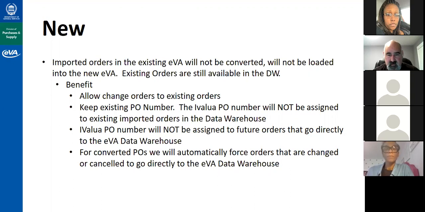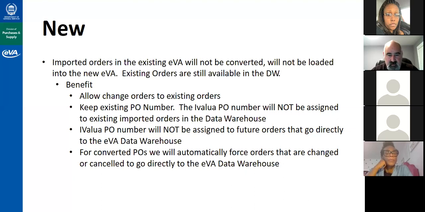Any questions about that? Okay. The benefit of them not being converted is that it will allow change orders to existing orders. Any existing orders currently in the data warehouse, if you need to make changes to them or cancel them, you will be able to, because we will send those cancellation and change orders directly to the data warehouse.